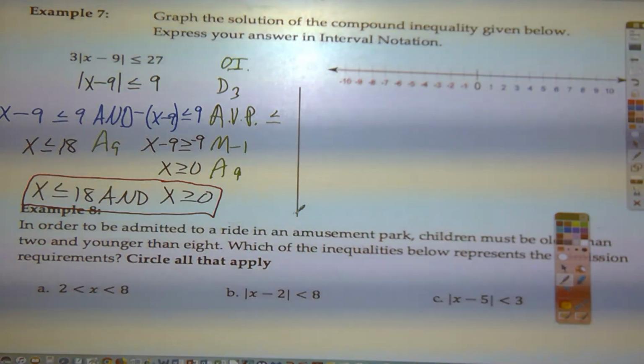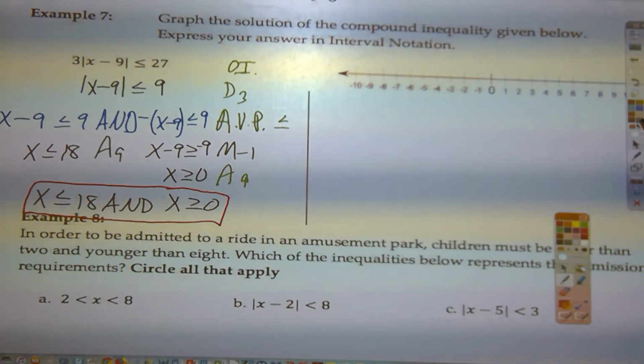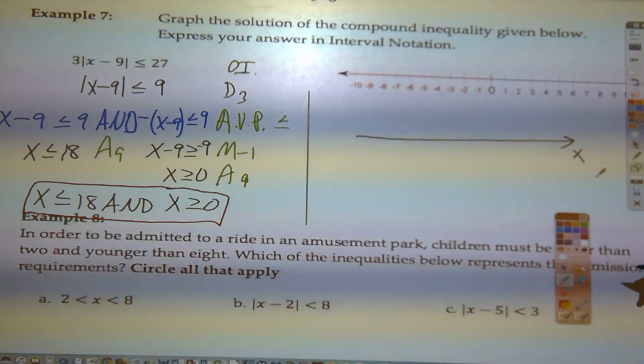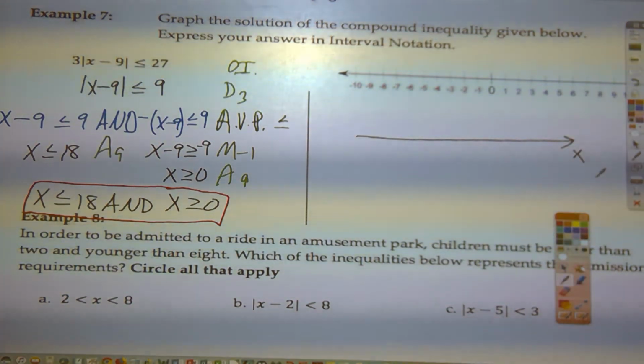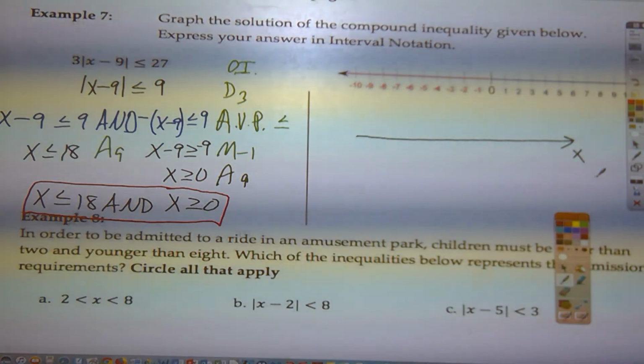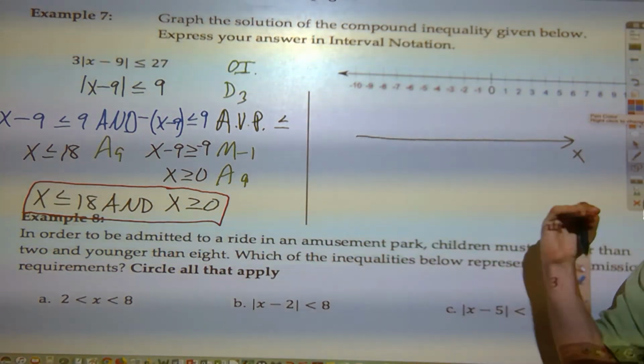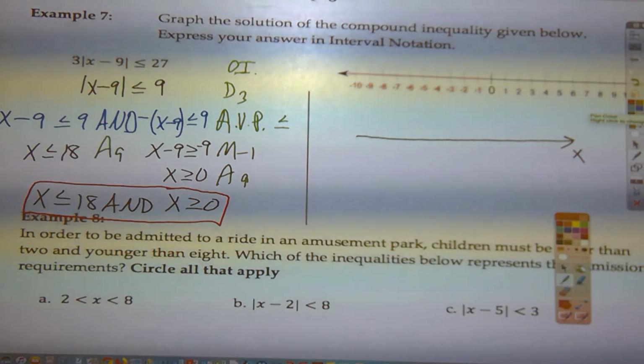Now, let's do the above the number line work. Labeled x. Please write down what you think my dark purple and light purple work is going to look like. Before you go on the number line, go above.